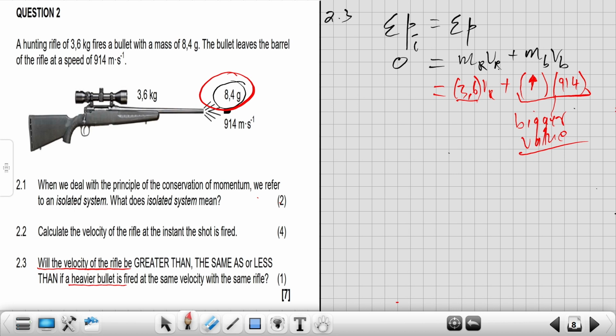So the correct answer here should be greater than. It's just 1 mark, and that will be the end of this particular question.